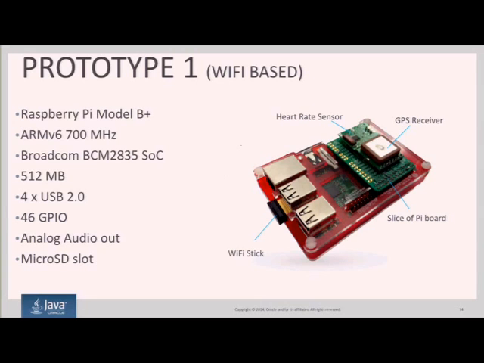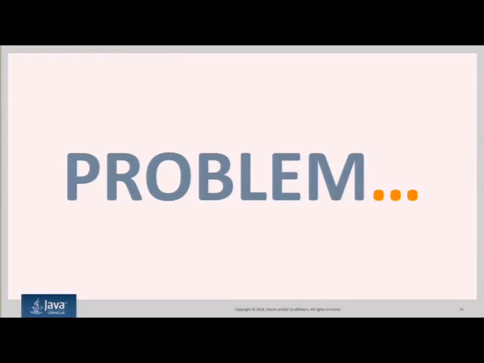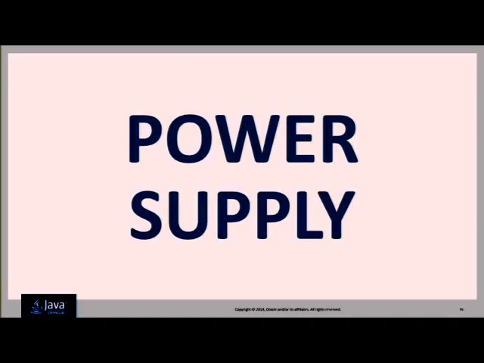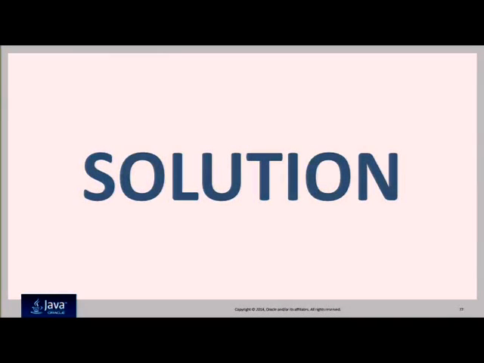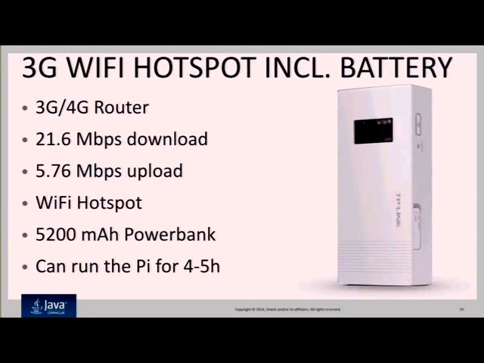That worked. The problem was, like I mentioned before, the power supply, because the standard Pi can't be connected to a battery very easily. So the solution, and I showed you this already, is this guy, right? It is this router, and it's really fast. It's a Wi-Fi hotspot. It has a huge battery inside, and this one can run the Pi for 4 to 5 hours.